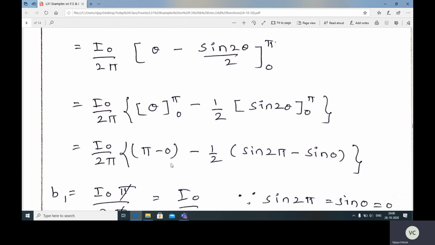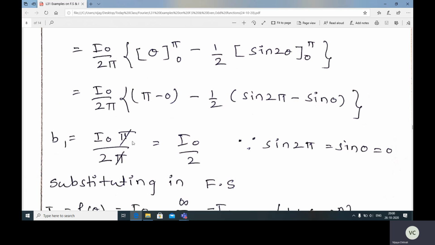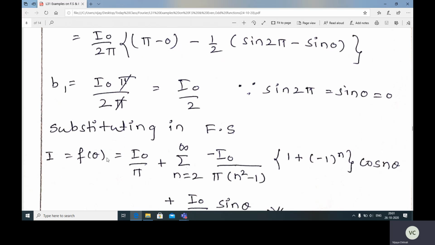So next step will be V1 is equal to I naught into pi divided by 2 pi. Pi gets cancelled, I naught by 2. Now substituting this in the Fourier series, f of theta is equal to I naught by 2, this is A naught by 2, plus summation of n is equal to 2, because for n is equal to 1 we got A1 as 0.